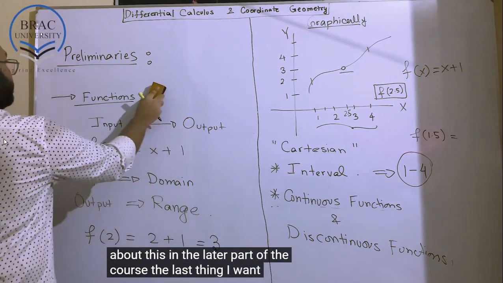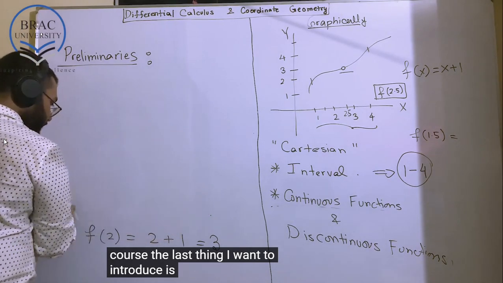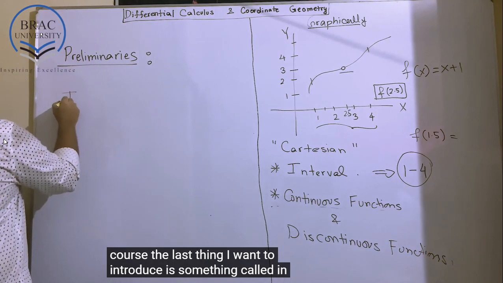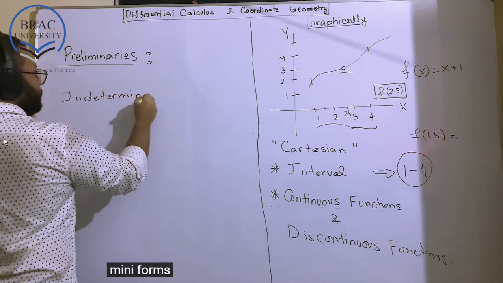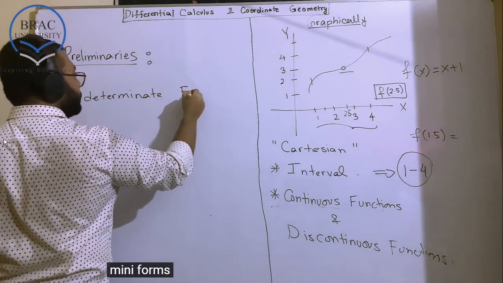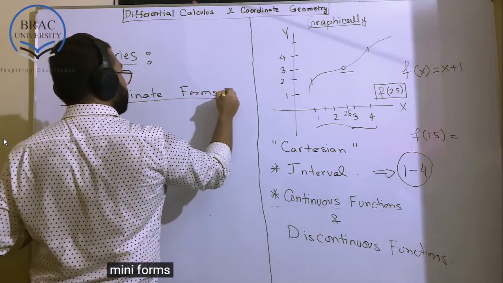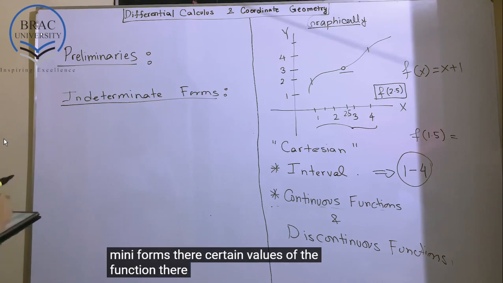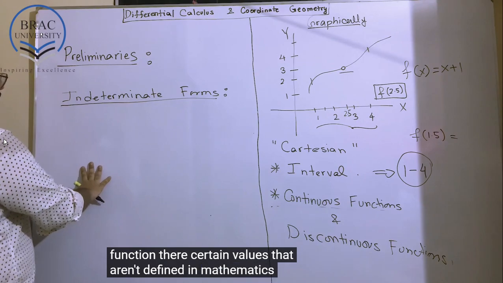The last thing I want to introduce is something called indeterminate forms. There are certain values that aren't defined in mathematics.